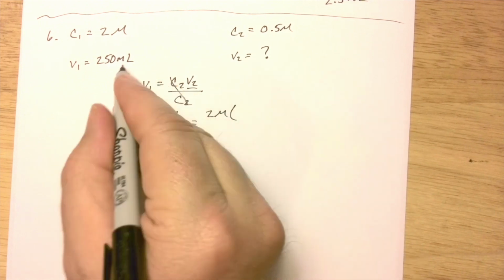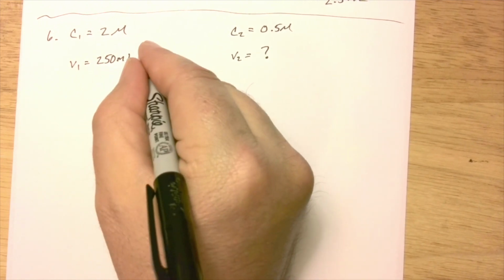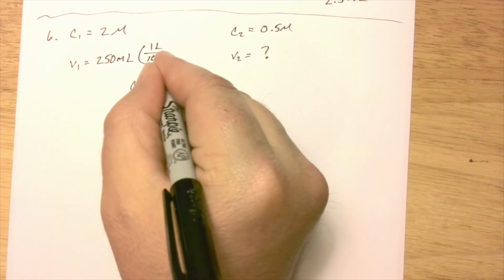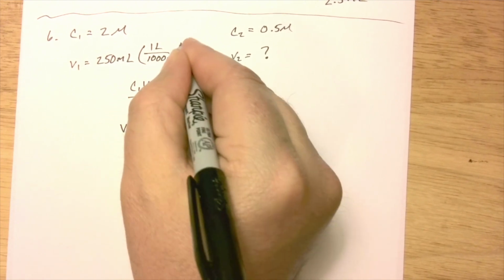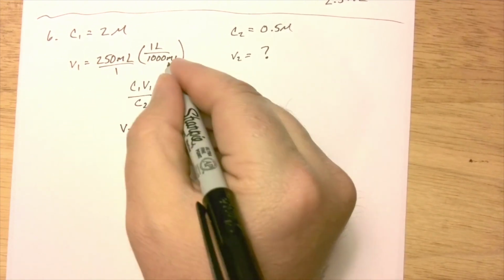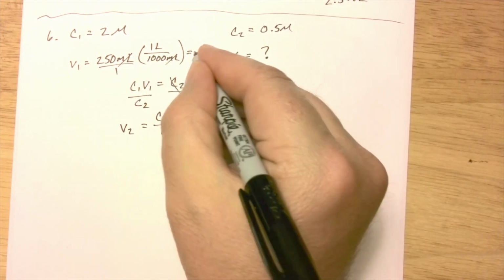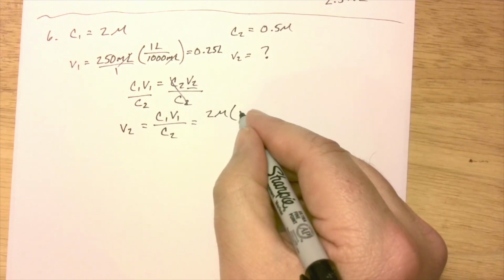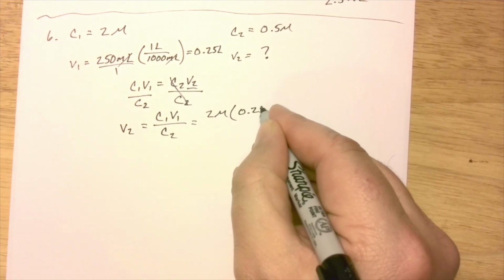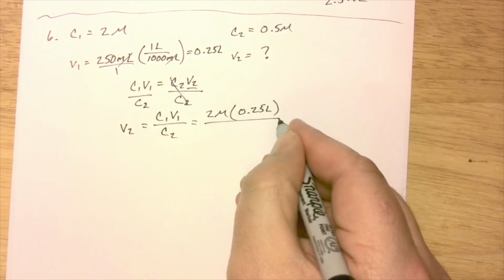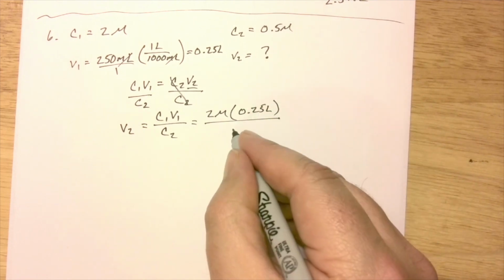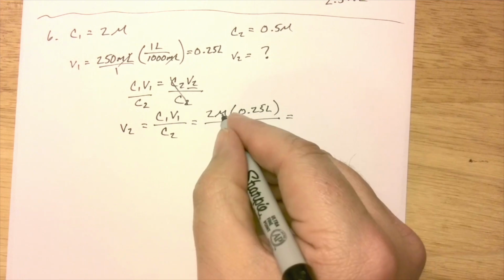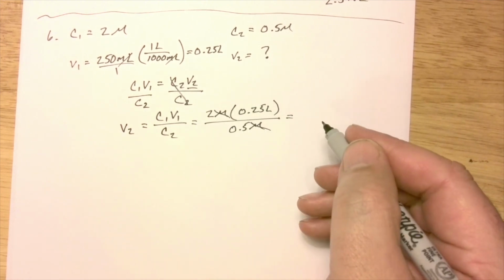V1, now this is in milliliters. I need to get this into liters. So 1 liter all over 1,000 milliliters. It's all over 1. These two will cancel out. Gives me 0.25 liters. So I need 0.25 liters all over C2, which is 0.5 molar. If you check the units, molarity will cancel out.